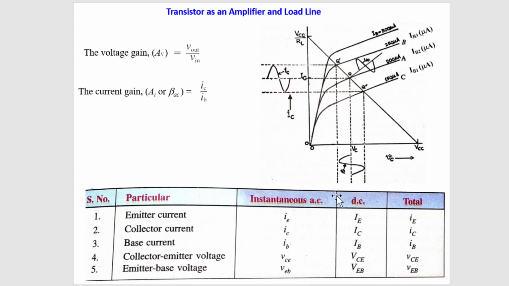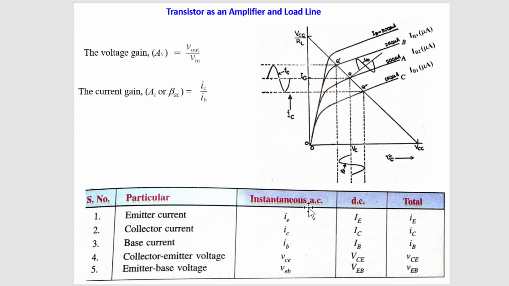Similarly, the DC signal, when there was no signal, the current and voltage drop were purely DC. Both are in capital letters: capital I_E, capital I_C, capital I_B, capital V_CE, capital V_EB.